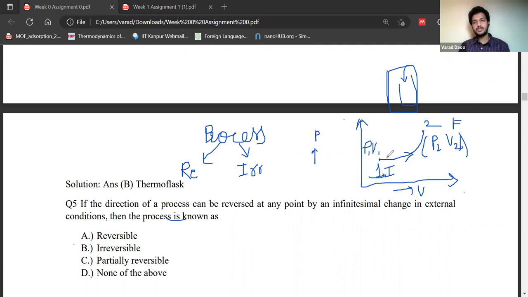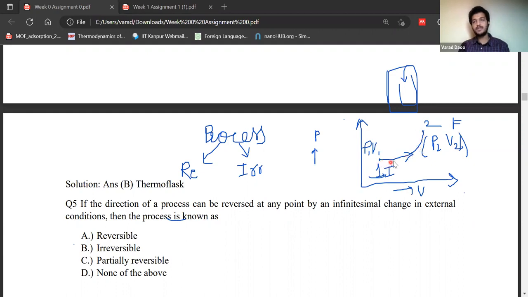A reversible process is a process in which, when the system goes from point 1 in its initial state to the final state, each and every step of the path it follows can be broken up into infinitely slow steps. That would be a reversible process.